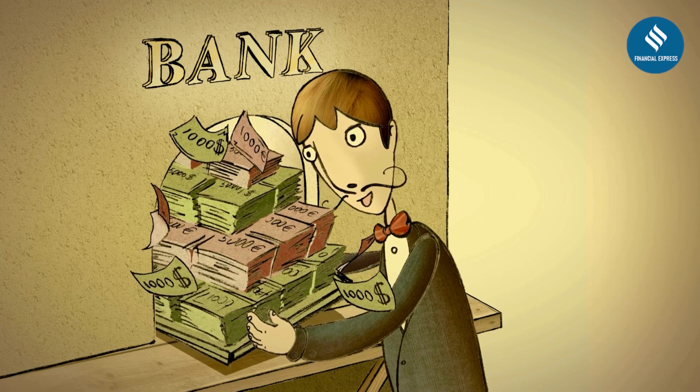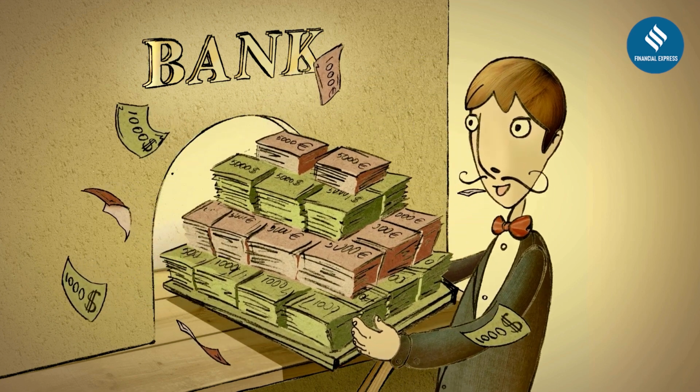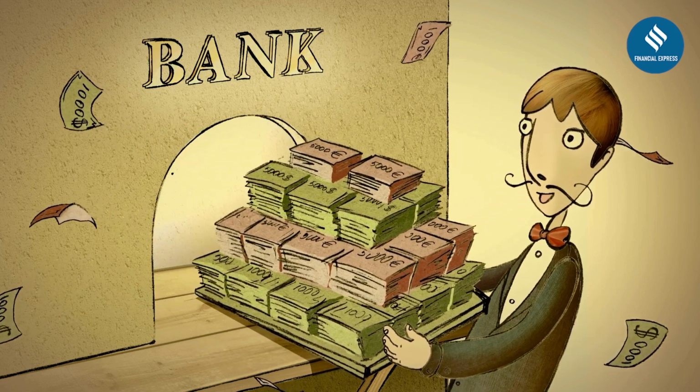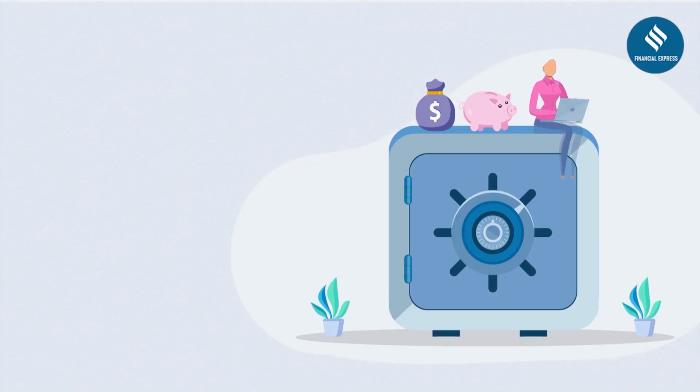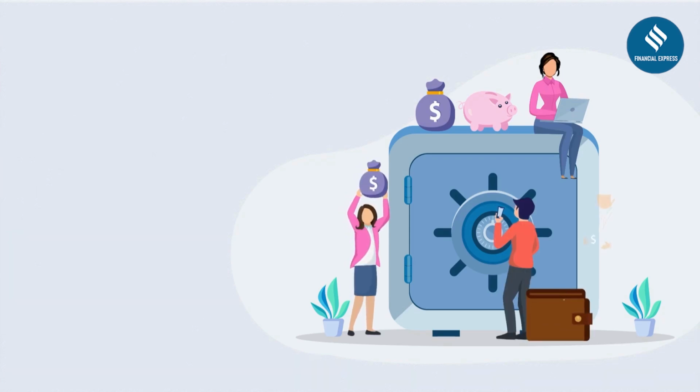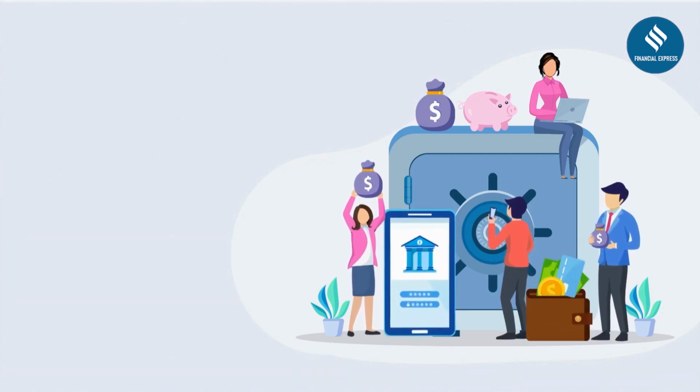EBLR is the external benchmark lending rate, which is directly linked to the repo rate. MCLR, on the other hand, is the marginal cost of funds lending rate, which is what most banks use, as it takes into account the bank's cost of funds, their overheads and electricity, etc. Now, most loans are usually linked to the MCLR, unless you're one of the lucky few who has it pegged to the EBLR.